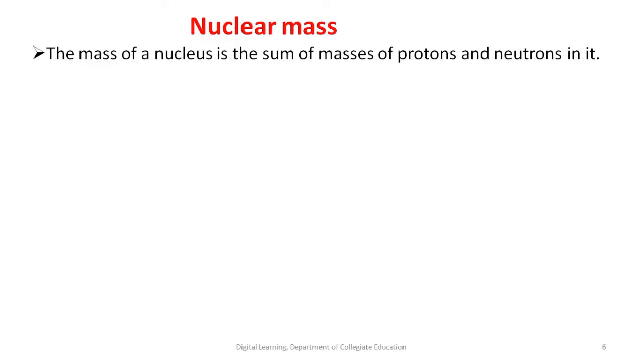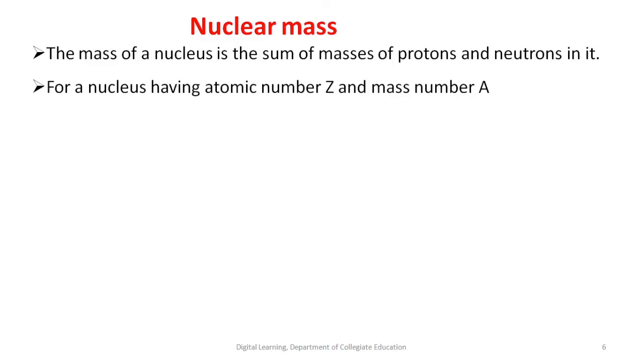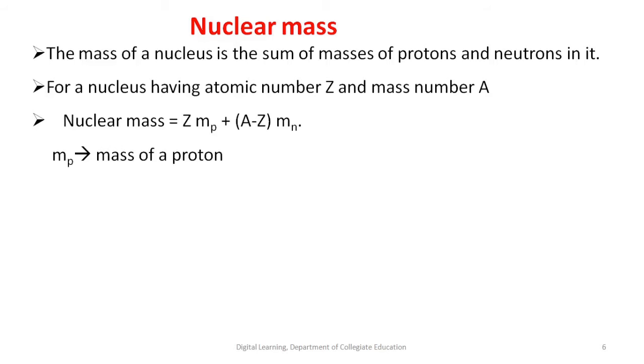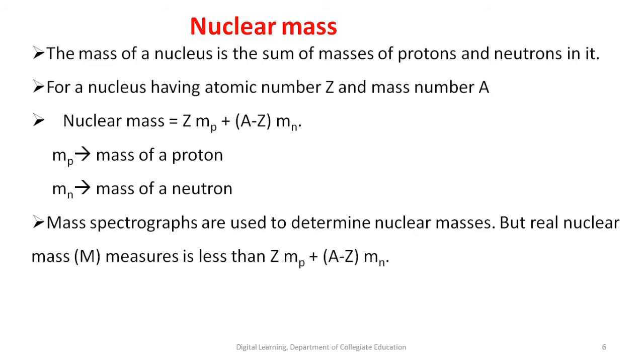Therefore, for a nucleus having atomic number Z and mass number A, the nuclear mass is represented by Z into Mp, that is the mass of protons, plus A minus Z into Mn. Here Mp is the mass of the proton and Mn is the mass of the neutron. A minus Z gives the number of neutrons present.